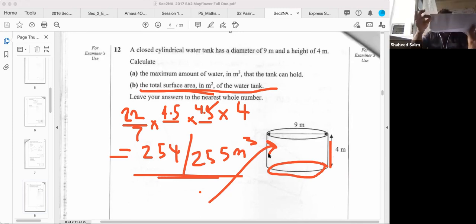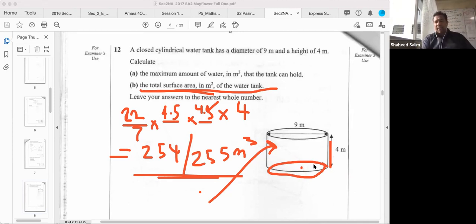Opened up, it is actually length times breadth. What is the breadth? The breadth is the height of the cylinder. What is the length? The length is the circumference. You take length times breadth, or circumference times height, and you will get the area of the curved surface.